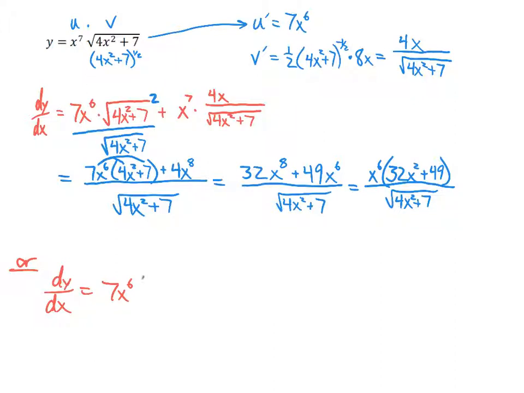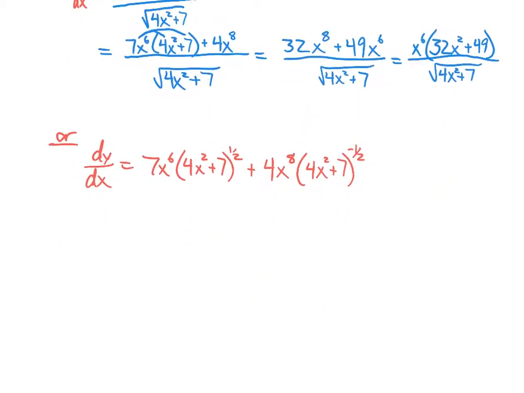Well, in this case, I'm thinking of it as 1/2 powers. Okay? Plus, and I'm going to put that together, 4x to the 8th times 4x squared plus 7 to the negative 1/2. Now, in this sense, rather than getting a common denominator, I'm going to think of it as factoring.